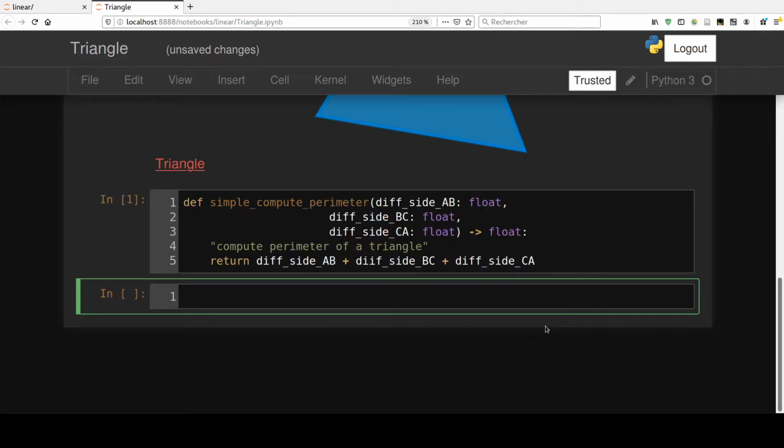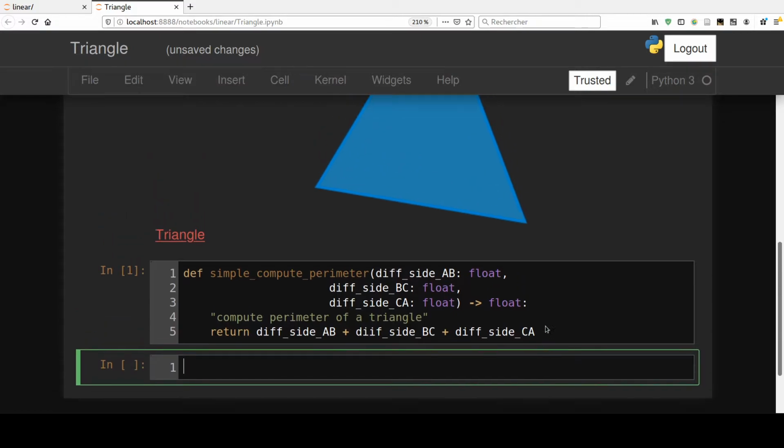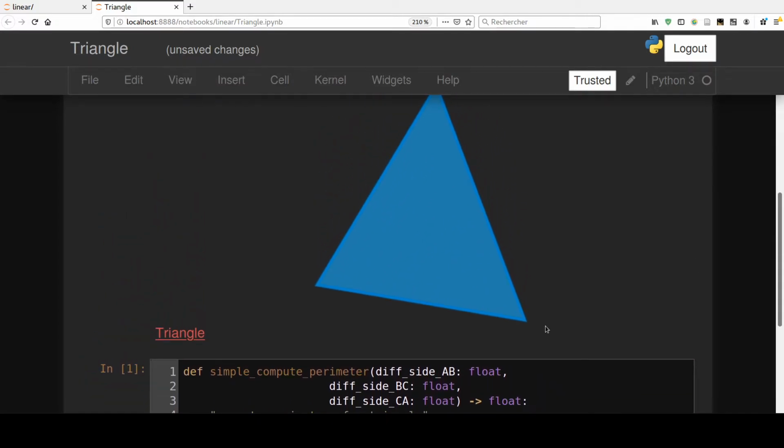What about other ways? How can you compute the perimeter of a triangle using other means? We have one other way of computing the perimeter of the triangle.